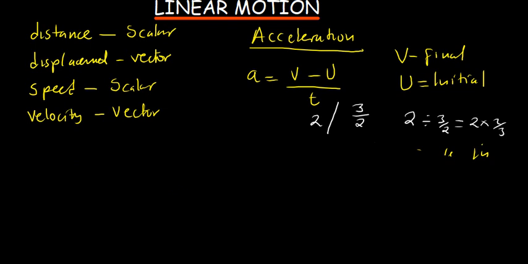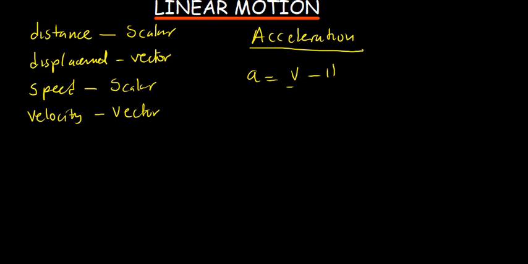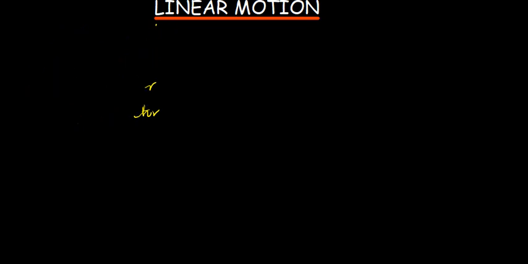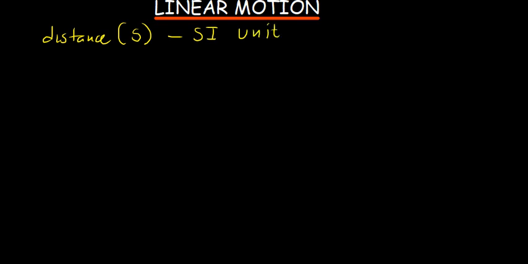So one thing you need to know is the units for velocity, distance, and these other quantities that we've talked about. If you look at just distance, the symbol we use is S. The SI unit for distance, SI is the international system of units.